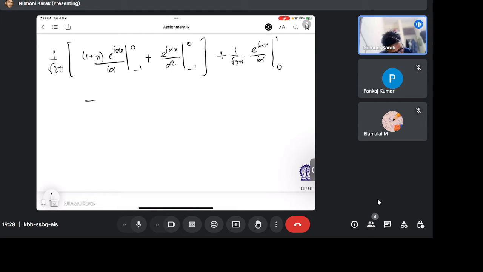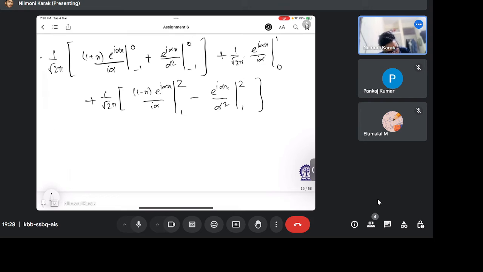And similarly for the last integration, 1 minus x times e to the power i alpha x divided by i alpha, from 1 to 2. Here the derivative of 1 minus x is minus 1, so e to the power i alpha x divided by alpha square, from 1 to 2.